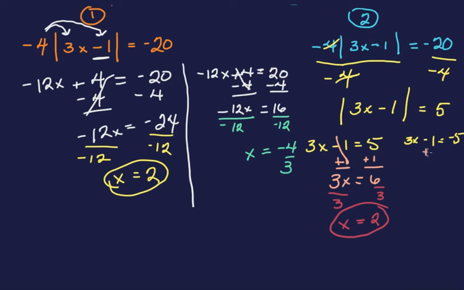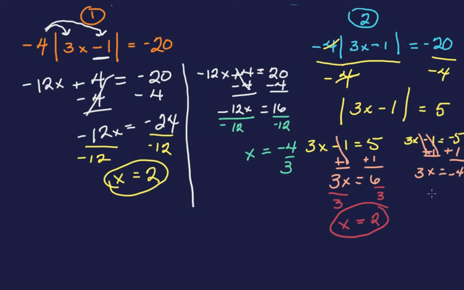We add 1 to both sides. This goes away, right? And this becomes negative 4. And if you're looking, 3x equals negative 4 looks an awful lot like this one over here.